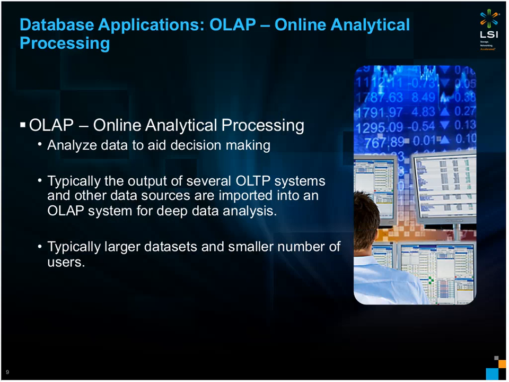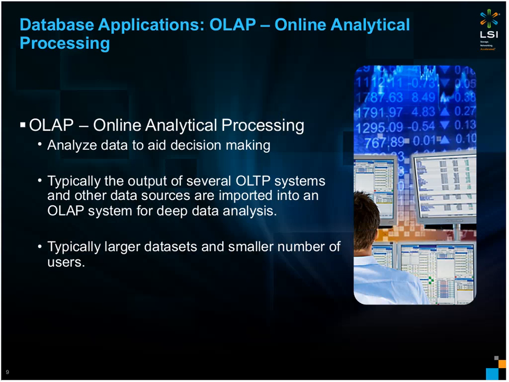The other side of that is online analytical processing, or OLAP. The difference between OLTP and OLAP is OLAP typically has a smaller set of users with gigantic data set sizes. Now you're looking at all of the data that you've collected from all of your business, and you're mining it.